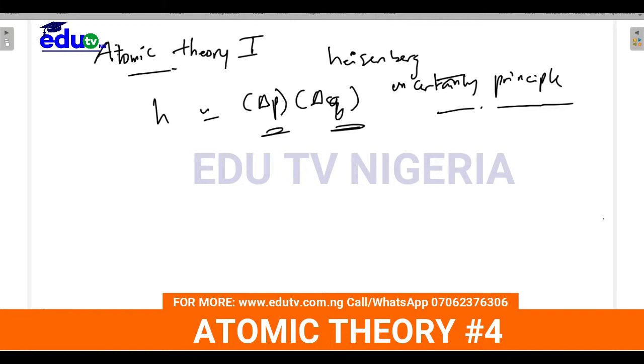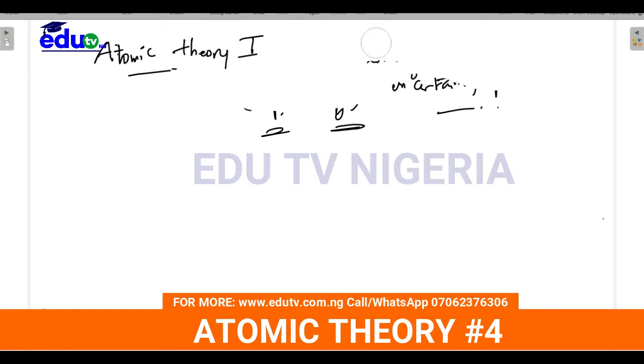Just briefly, ionization energy. This is the energy needed to completely remove an electron from a gaseous atom or molecule in its ground state. Or we can call it ionization potential.